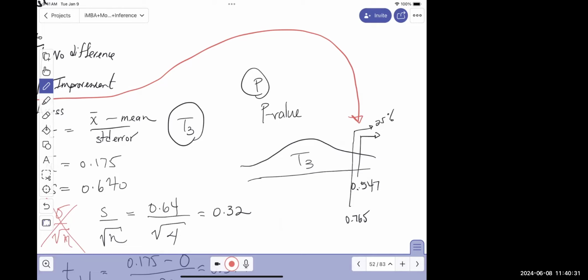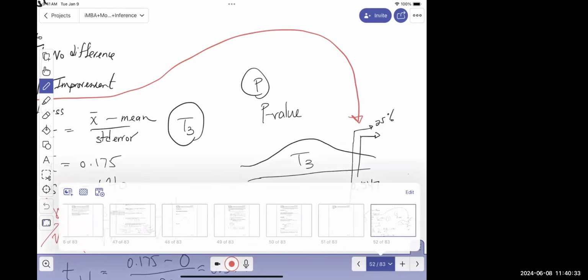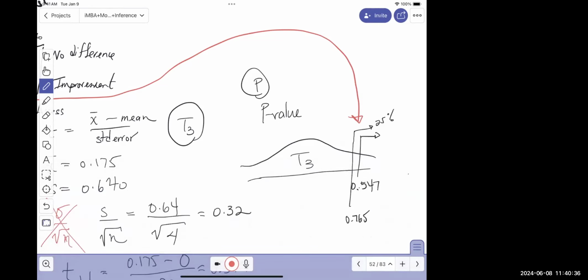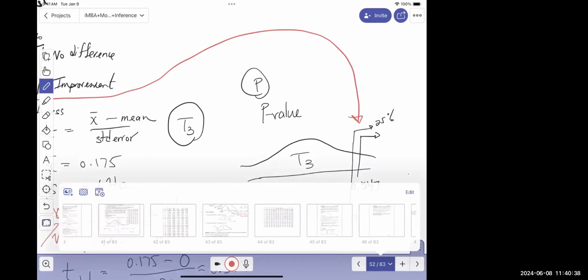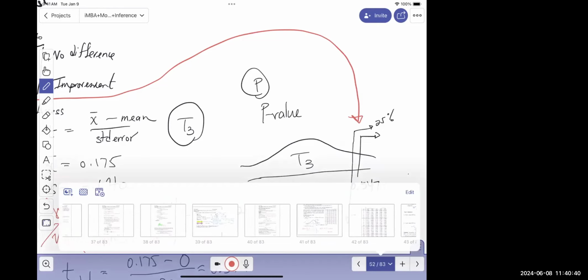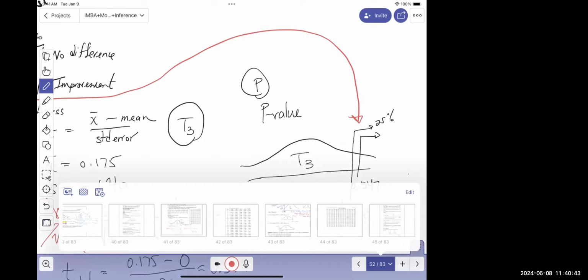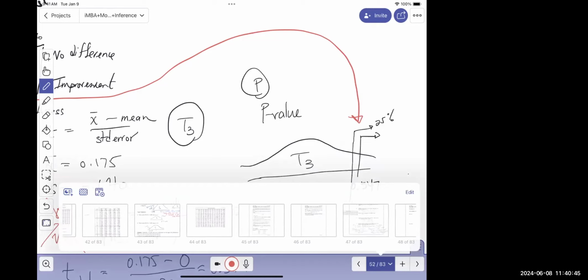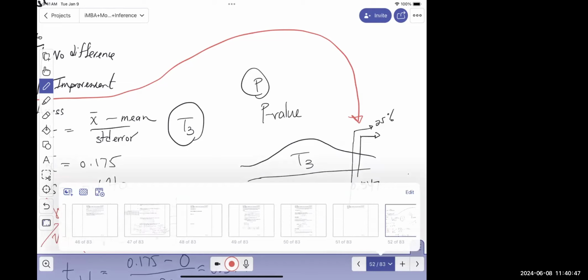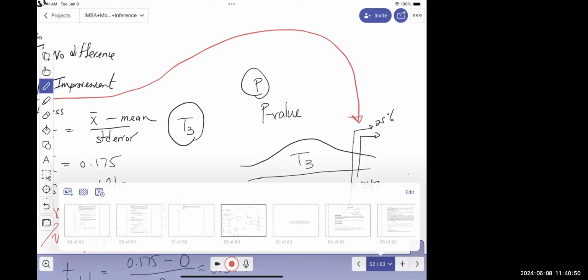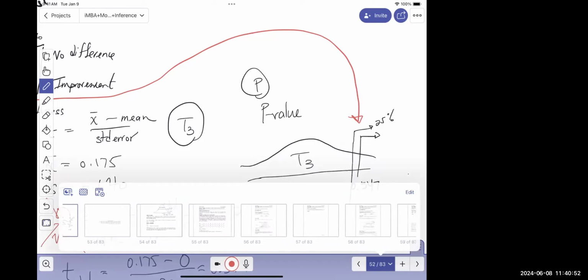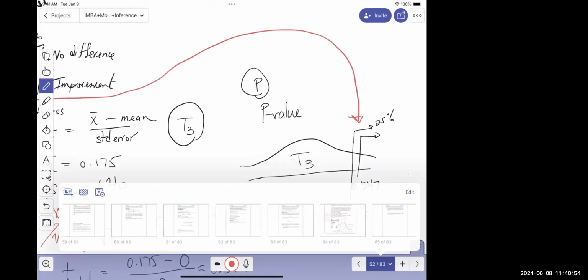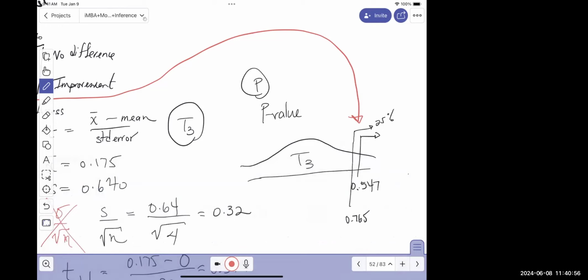Let me go back. This is page 52. I need to take this with me. I'll go out here and get it. I think it's here. It's actually closer if I get it here.